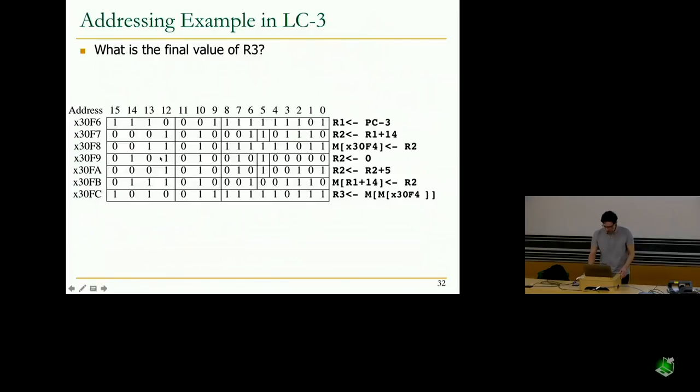Okay, so now before finishing with the data movement instructions, let's take a very quick look at one addressing example in LC3. This is some matching code. We have here 7 instructions. And the question here is, what's the final value of R3? R3 is the destination register in this last instruction.